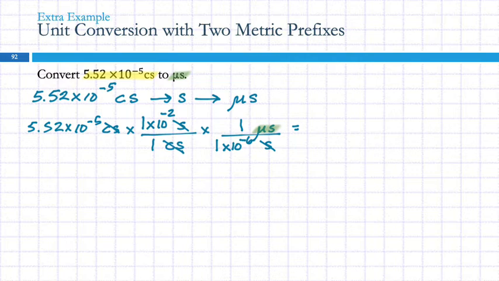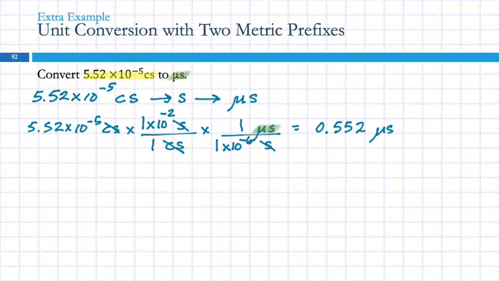Okay, so do this one too, using scientific notation. 5.52 EE negative 5 times 1 EE negative 2 divided by 1 EE negative 6 equals 0.552 microseconds.